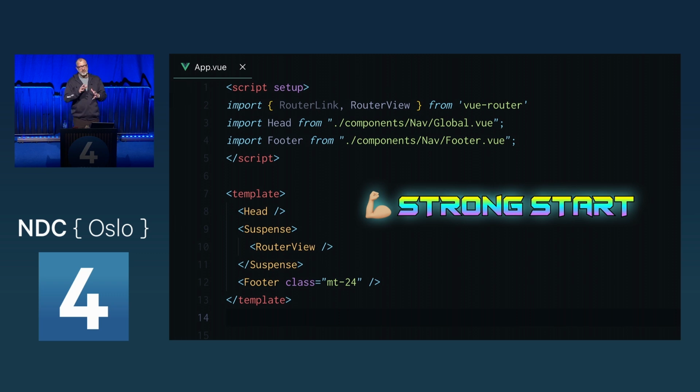This is one thing in here, the thing that says suspense. Does anybody here know what that is? I didn't know what it was the first time I used Vue 3; it's brand new to Vue 3. And I put it in here because it needs to be in there. But it's really hard to figure this out until your pages explode and you're looking at Google. Why is this one component not rendering?